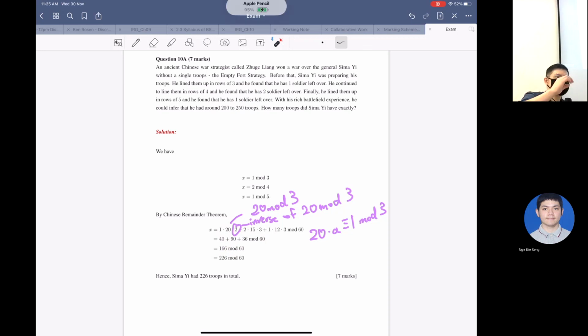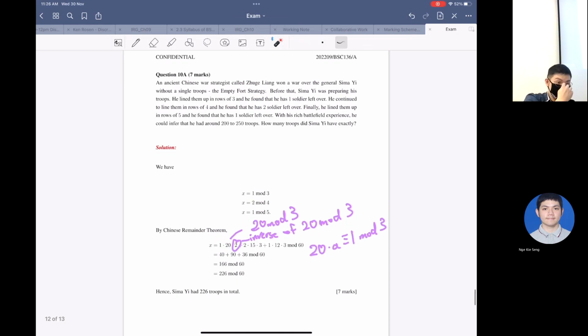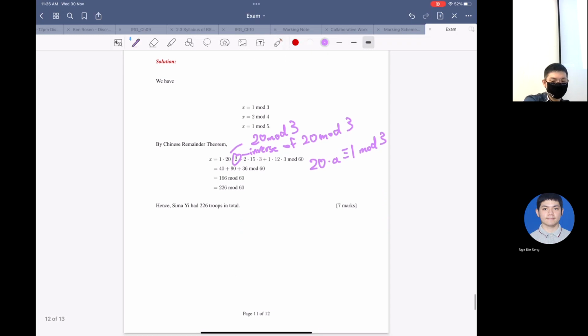Okay. Any other question you want to run through, or any issue? So the scale I will do is, if no mistake, your mark times 0.7 plus 30.